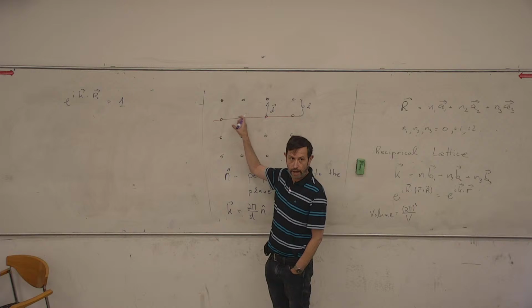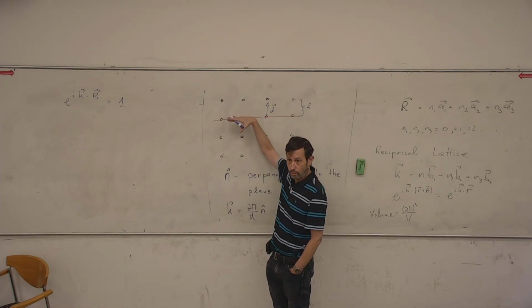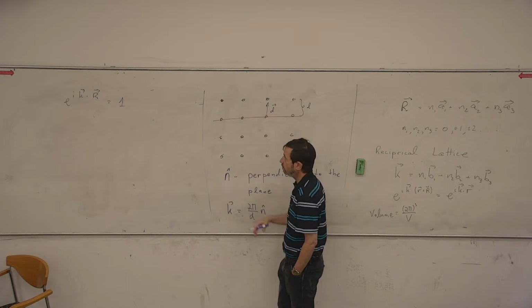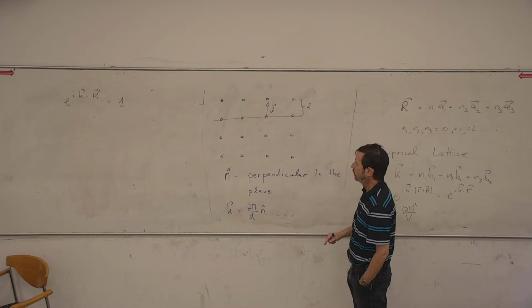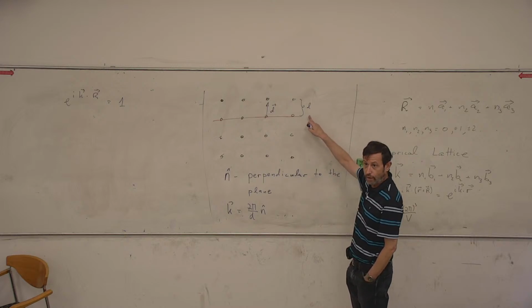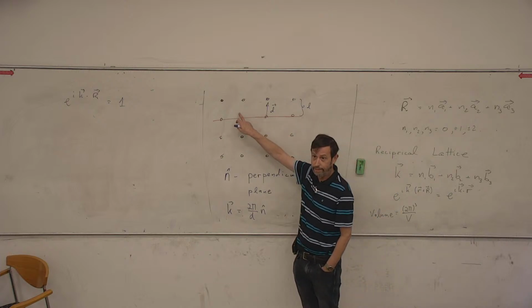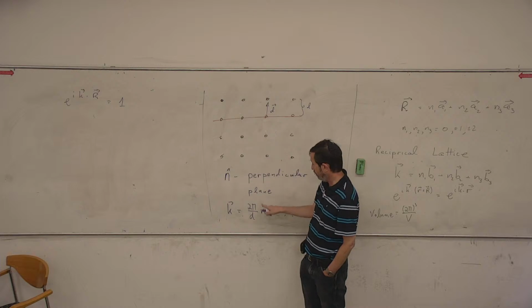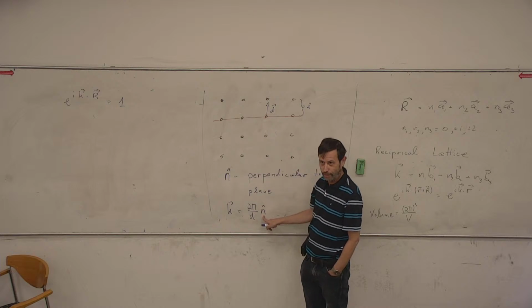Each one of these R's belongs to one of these planes, right? So for all the points that are on the plane, k, which is perpendicular to the plane, dotted with r gives 0, right?